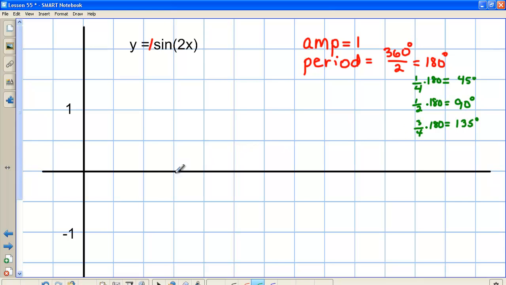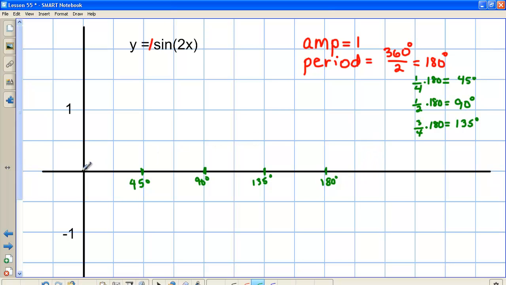So what I do is I choose sort of a suitable scale to make my marks. So I will mark 45, 90, 135, and 180 for me to complete my cycle of the sine graph.